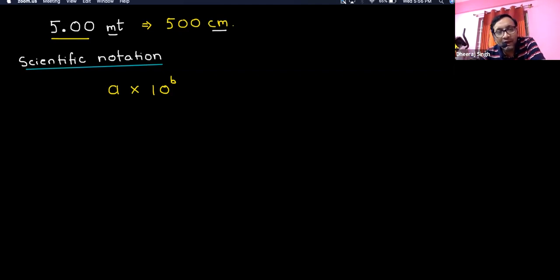Every time you convert units from meter to centimeter, the factor of 10 will change. It is assumed that you are using units which are factors of 10 only. You should not start using inches, then feet, then your local units. For example, meter to centimeter, factor of 100.